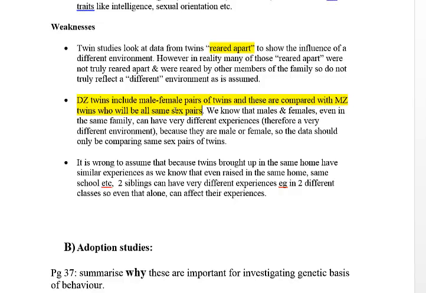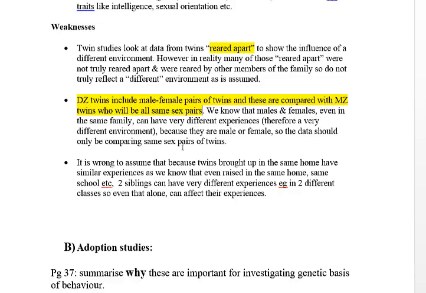And the trouble is that you're comparing DZ against MZ, but actually you're comparing so much more with these DZ, unless you're using male twins with male twins, or female with female. Okay, because if you're using a mixture of DZ twins, a boy and a girl, they've got very different environments.